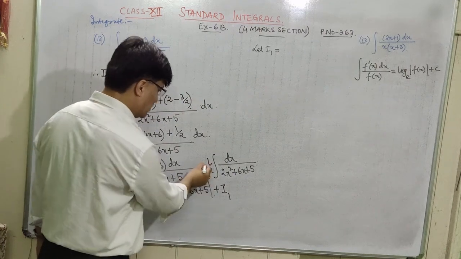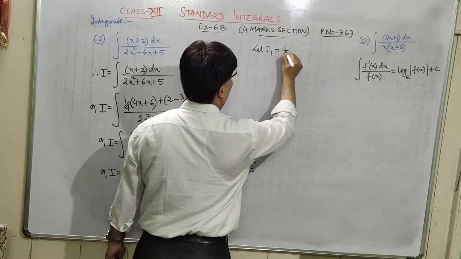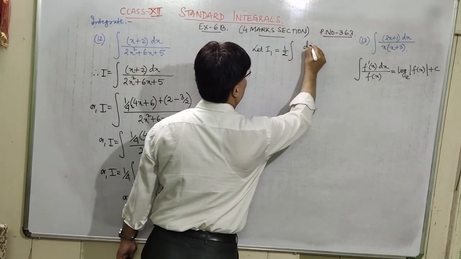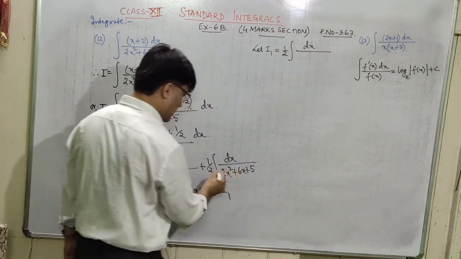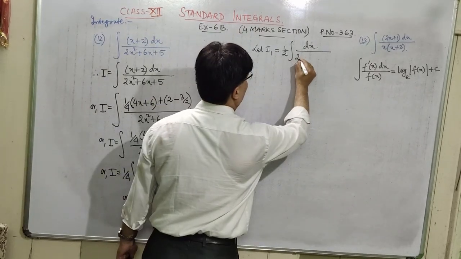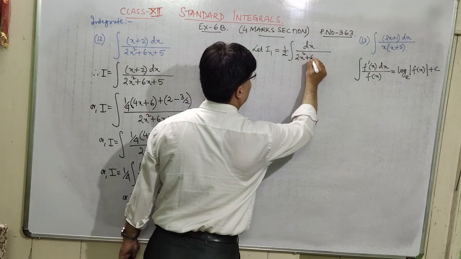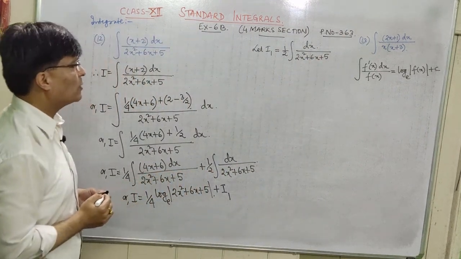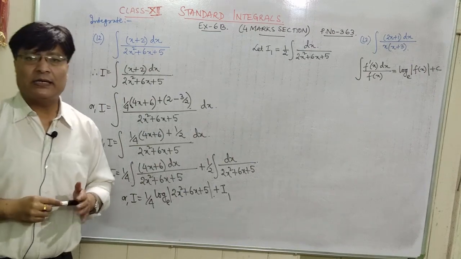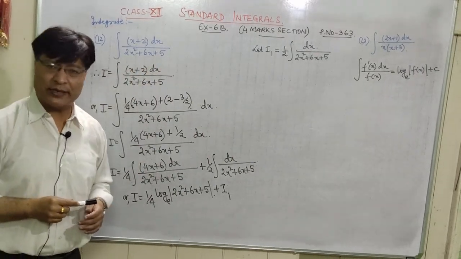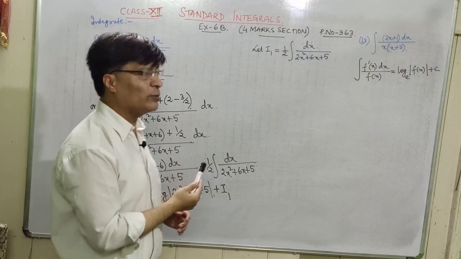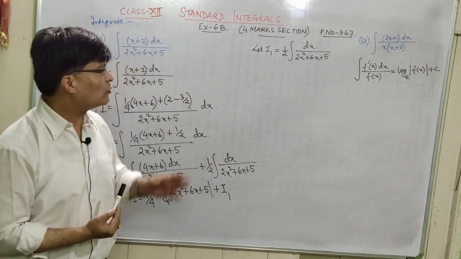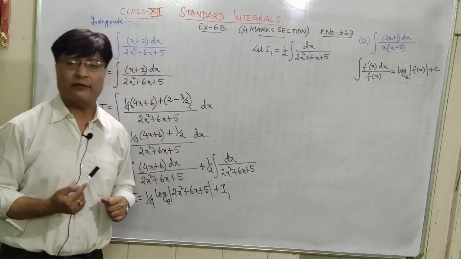So I1 is equal to half integral sign dx divided by 2x square plus 6x plus 5, isn't it? Now let us integrate it. There is 1 in the numerator, and in the denominator we have 2x square plus 6x plus 5.